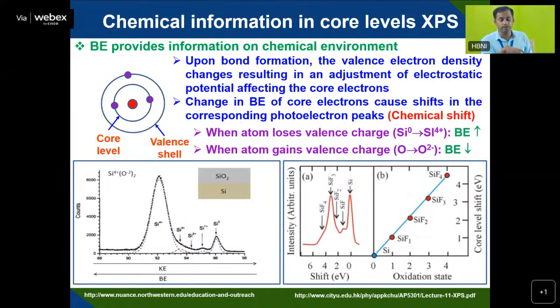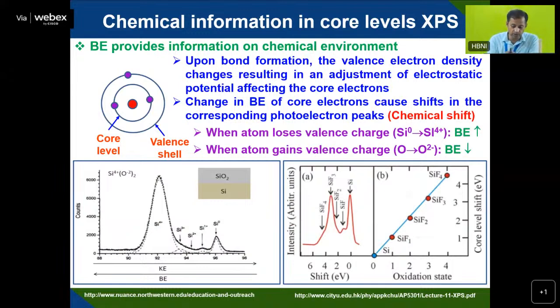A change in the binding energy of the core electron causes a shift in the corresponding photoelectron peak. Sometimes the photoelectron peak is slightly shifted, and that is mainly due to the change in binding energy. Whether it is a metallic state, zero oxidation state, +2, +3, or higher oxidation state, the photoelectron peak will shift depending upon the oxidation state of that particular specimen.